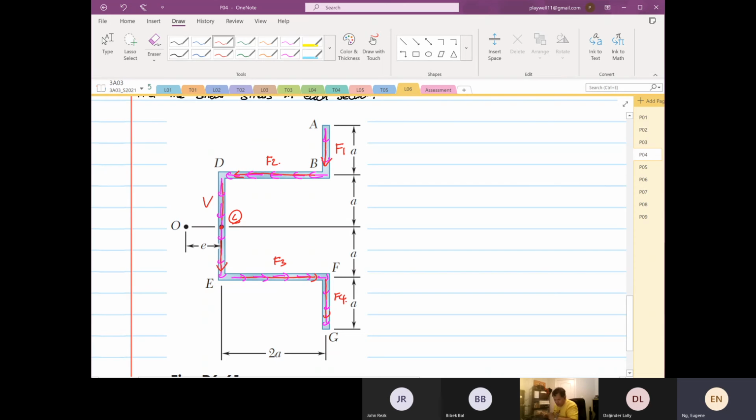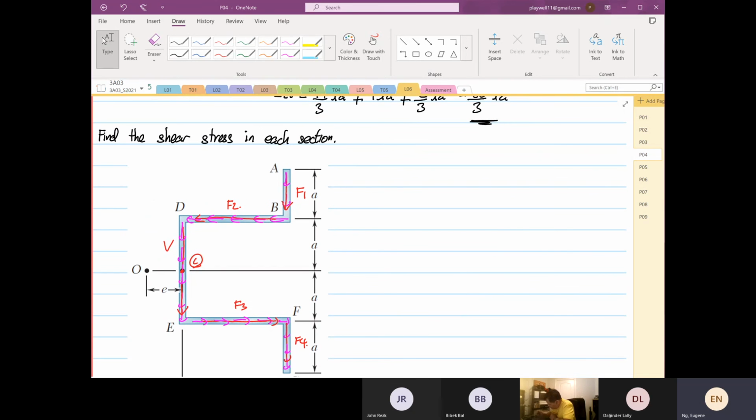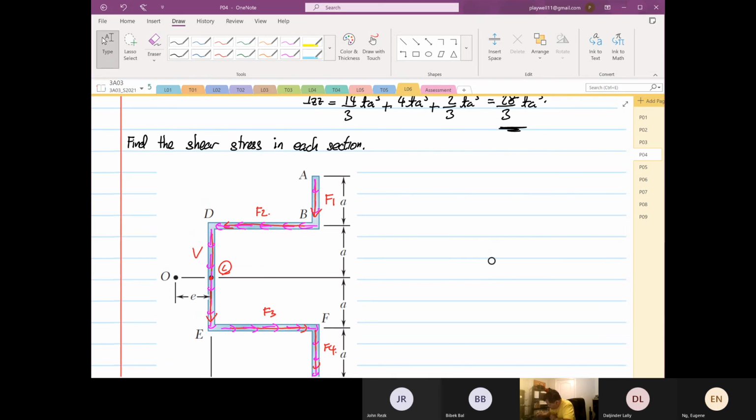So now we have to find F1, F2, F3, and F4.